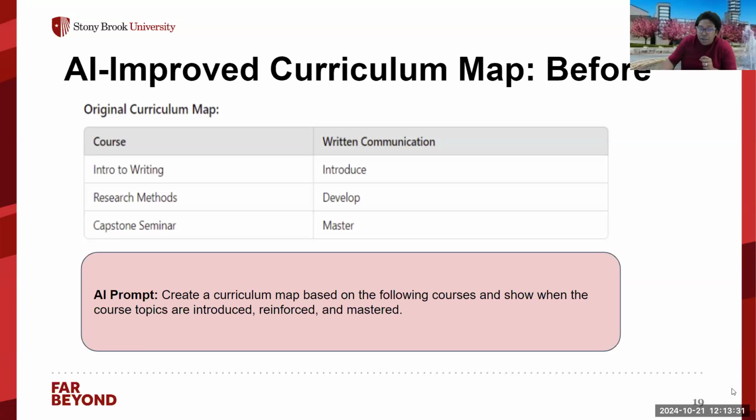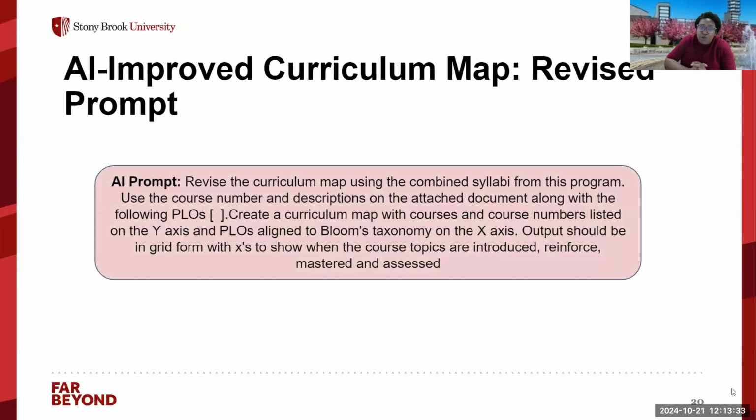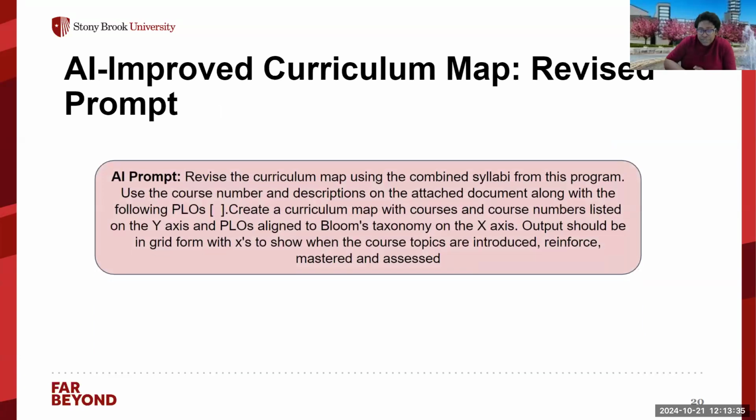So we revised the prompt so we get a little bit more for our curriculum map. This took a little play to get us to this point, but it was: revise the curriculum map using a combined syllabi from this program. So what happens is we had asked the instructors, give us all your syllabi.